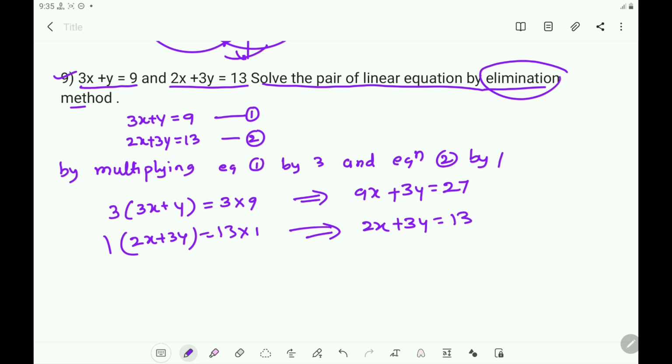Then here these two got the same coefficient and these are having the same sign. If they are having the same sign, to cancel them, to eliminate them, we have to do the subtraction. So consider this is the third equation, this is the fourth equation. So by third minus fourth.